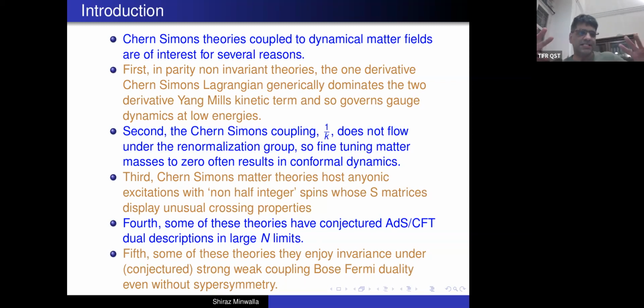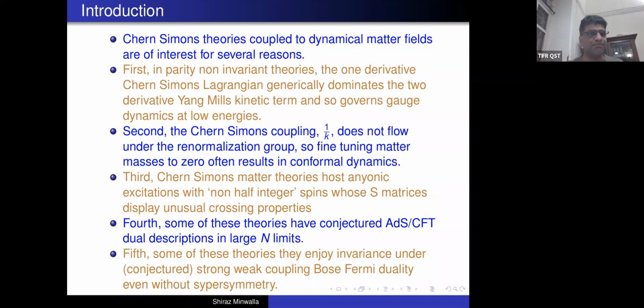Relatedly, these particles with weird spins obey weird statistics, and we'll see some of this in some detail as we go along with this talk. Other familiar rules that we've learned to expect from all quantum field theories by studying various examples, namely things like crossing symmetry of S matrices, also have weird and interesting modifications in these theories.